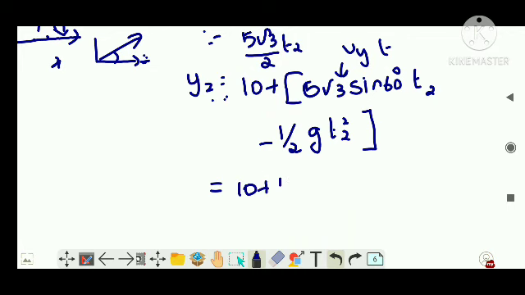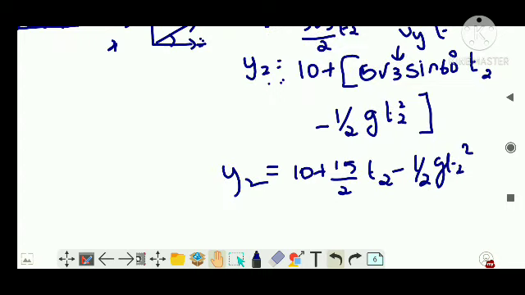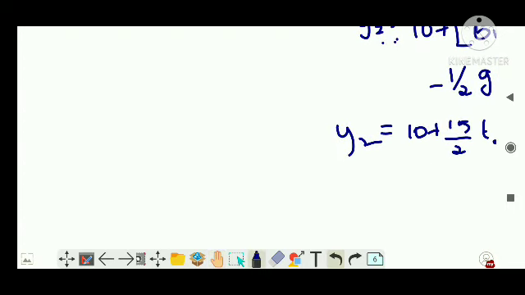Now solving this, y2 I can separately write as 10 plus 15 by 2 t2, where you have to work out the sine 60 term, minus half g t2 square. Now this is y2. When a collision is happening, that means x1 is equal to x2, both of their positions become equal. Similarly, y1 will become equal to y2.